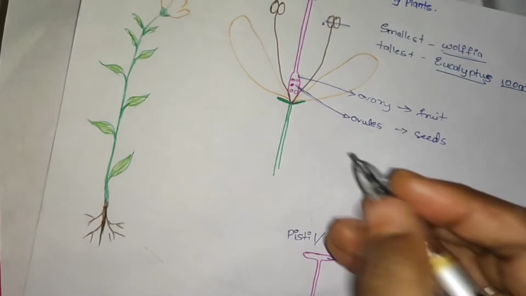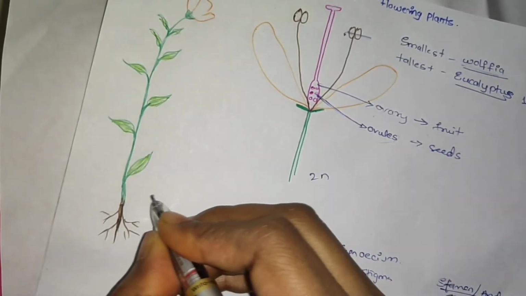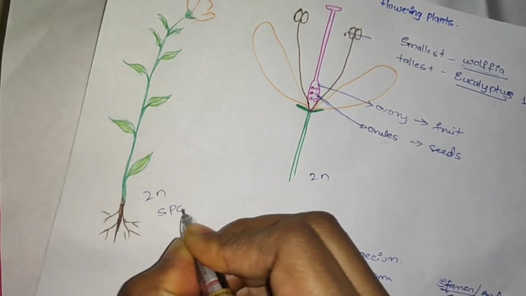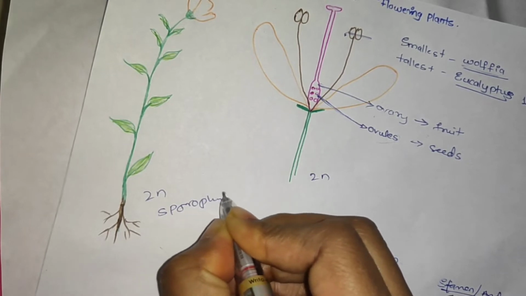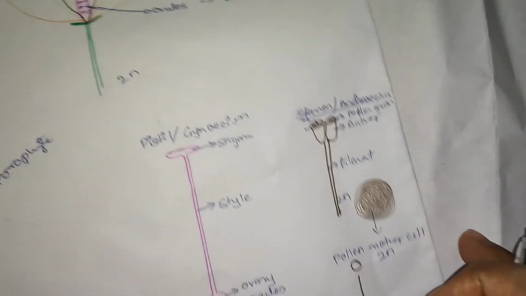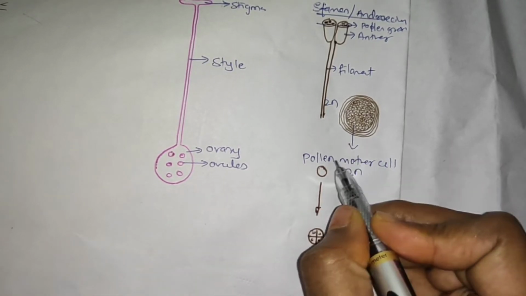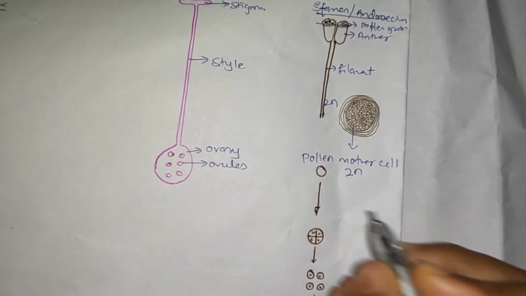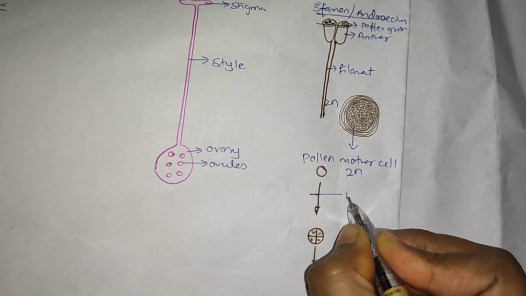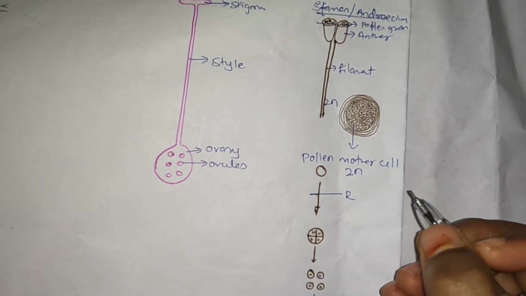The stamen is diploid, the flower is diploid, even the plant is diploid. We call it the sporophyte, same as that of gymnosperm. So when the pollen mother cell is diploid, it is going to undergo reductional division, that is meiosis.